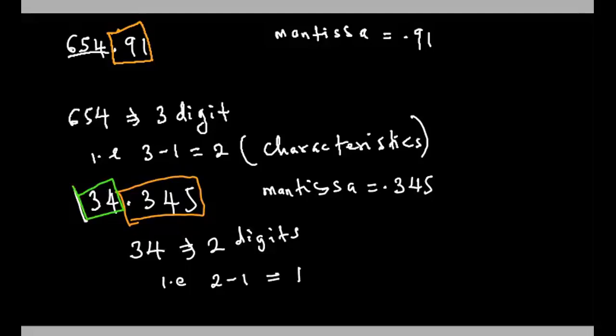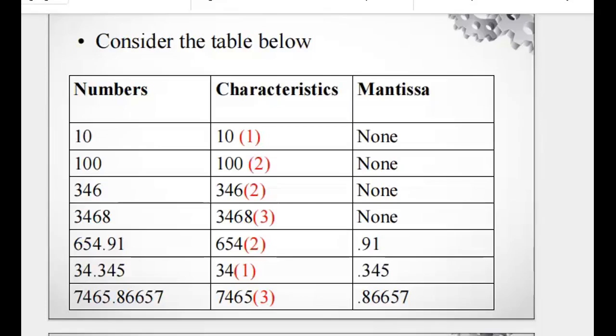And so the characteristics for 34.345 is 1, and as you can see, the mantissa is 0.345. Also for the former one we did, the number is 654.91, the characteristics is actually 2, and the mantissa is just 0.91.